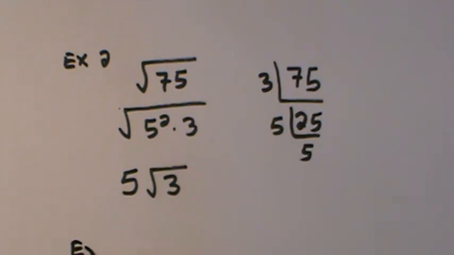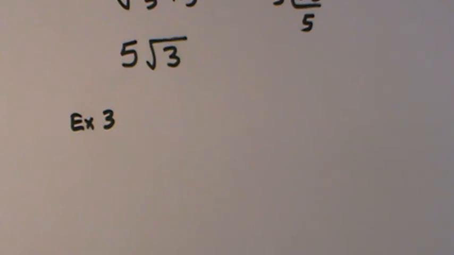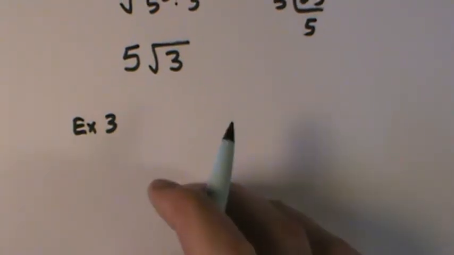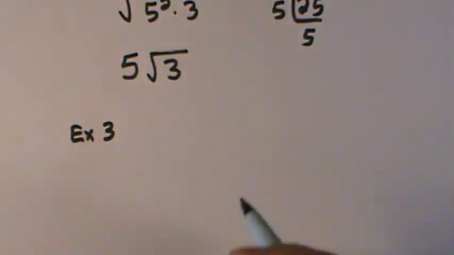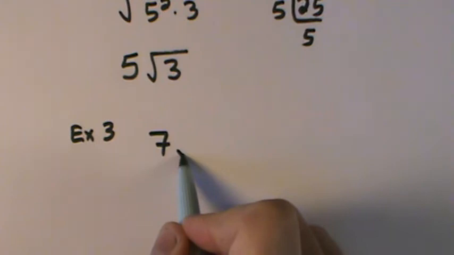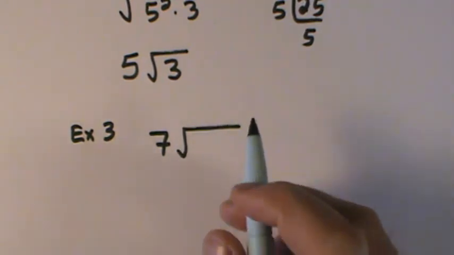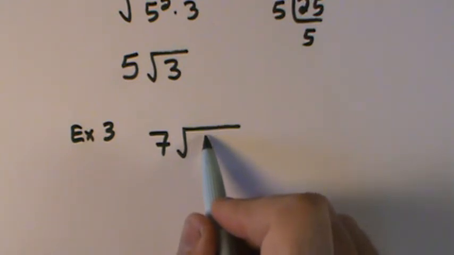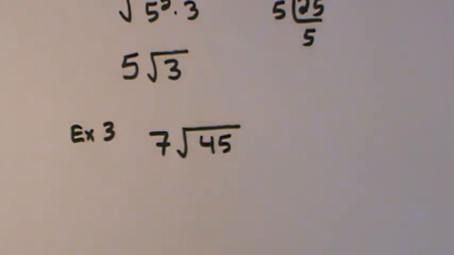We'll do a third example in this video. Let's do an example where we have a number already on the outside. Let's say we've come into the problem, they've already let some numbers through, so we have something like 7 rad 45.